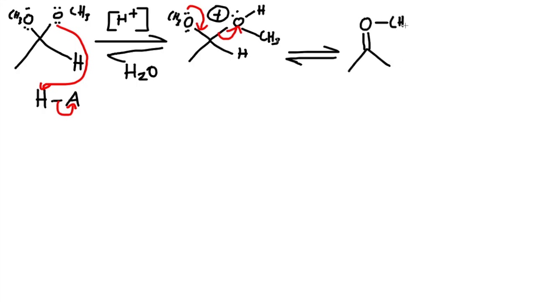We have a double bond here with a positive charge. From this case, water comes in and attacks the carbon, kicks off the electrons to oxygen to make it neutral, stable.